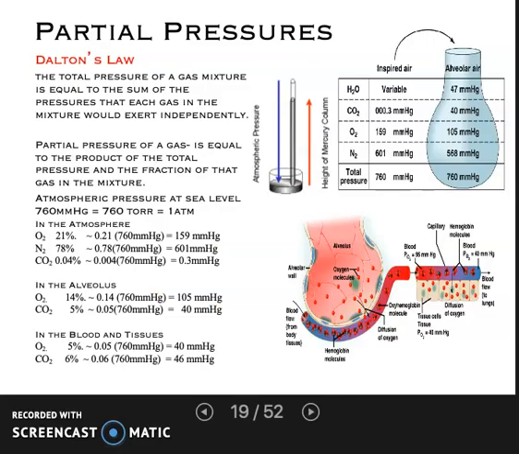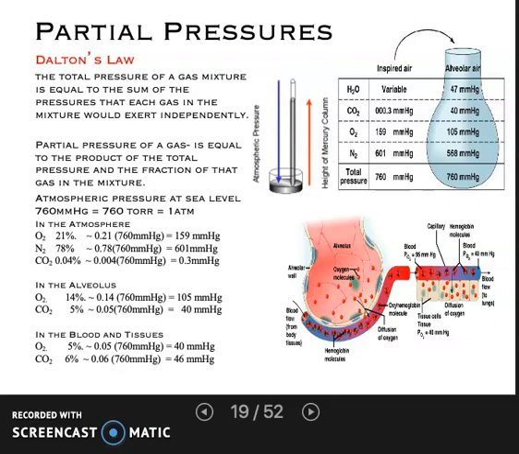So anyway, one of the first gas laws to be familiar with is Dalton's law. Dalton's law refers to the partial pressures of gases in a mixture. So our atmosphere is a mixture of gases. The major constituent is nitrogen, about 78% nitrogen. Next in line is oxygen, about 21% oxygen.